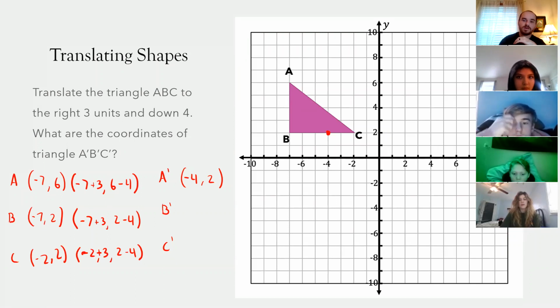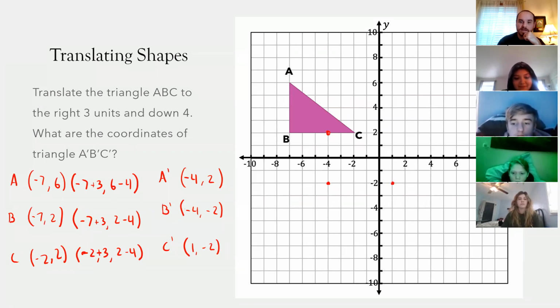Yep, -4, -2. Very good. So that's going to be right here. And where is C prime going to be? 1, -2. Yep, 1, -2. I think that's right.